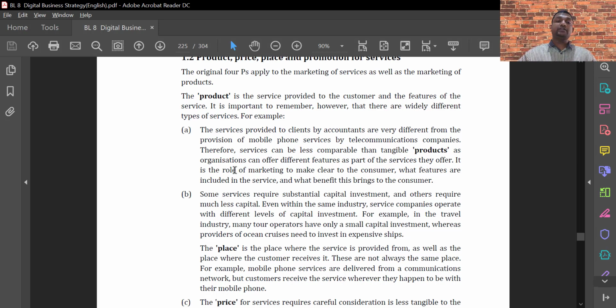So it is the role of marketing to make clear to the customer what features are included and what benefits this brings to the customer, because there is no set standard even among the same type of service between different companies. So that can also change.